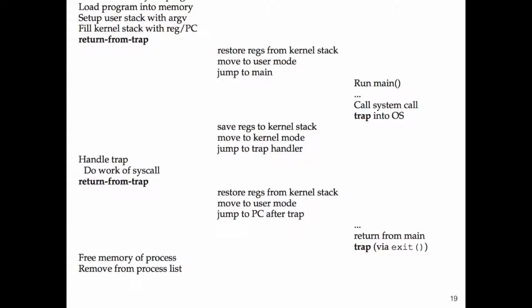If you just look at this by itself, it might look complicated, but always look at it in conjunction with how a function call happens, and replace all the stack calls by kernel stack calls. The only major thing which is different is the execution mode, user mode versus the kernel mode. You return from main, which is you trap via exit, and then you free the memory of the process.